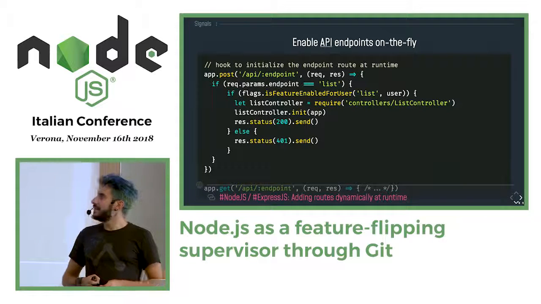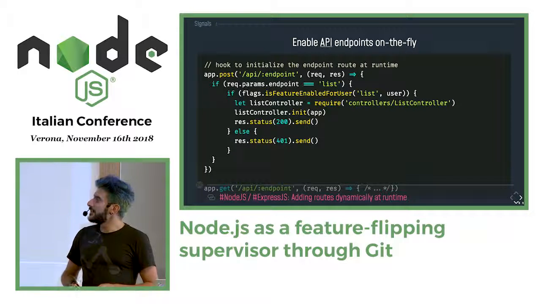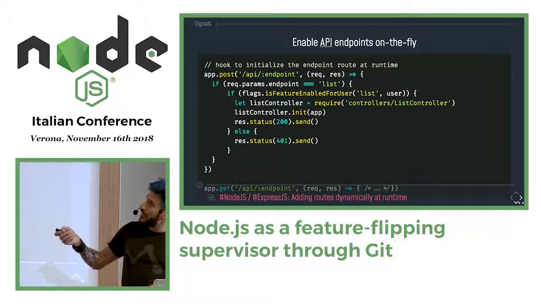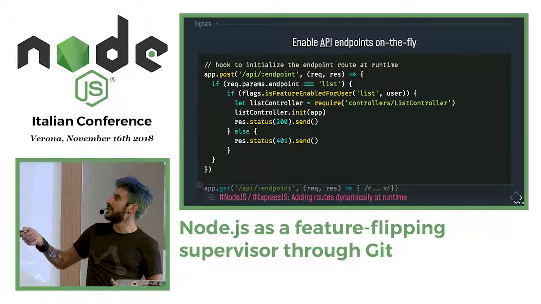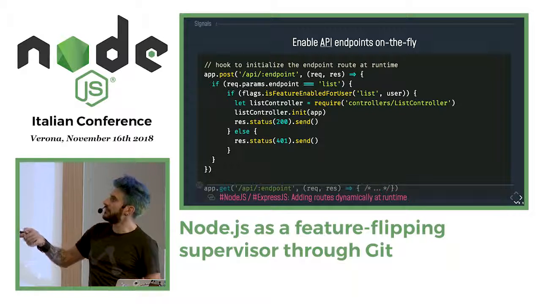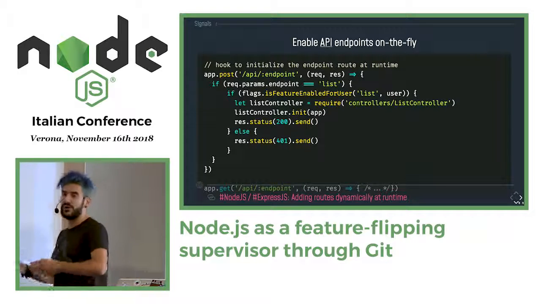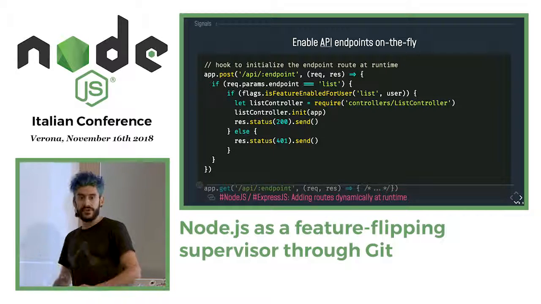One thing I really like is to define dynamic endpoints in which you just post a message to this URL, which is an API slash the name of the endpoint. And the first thing you do is to test if the feature is enabled for your user. So is your user allowed to access the endpoint or not?